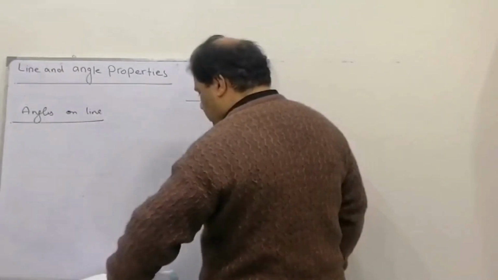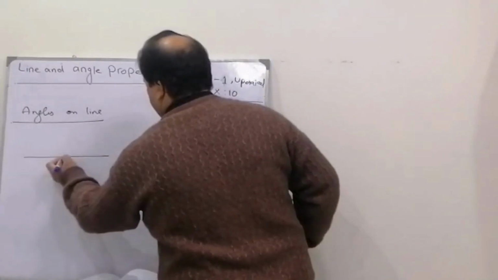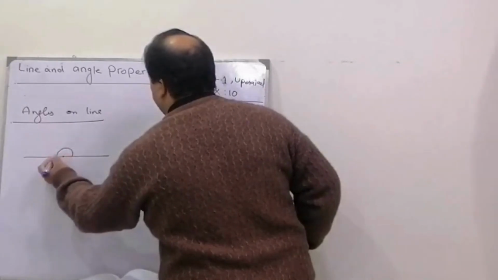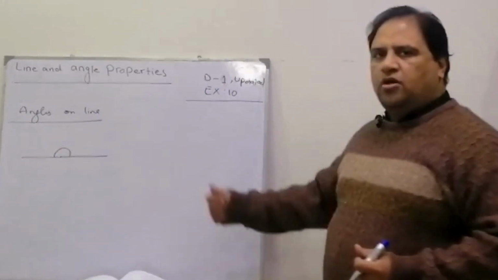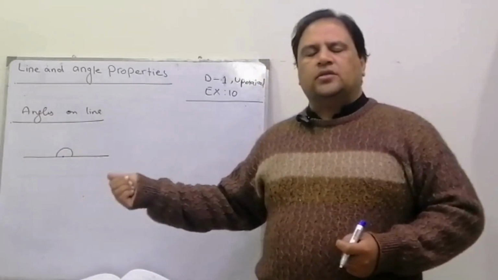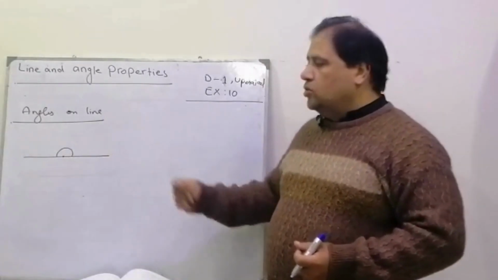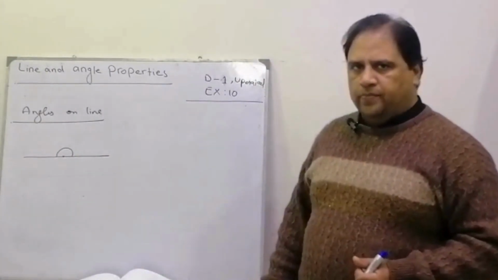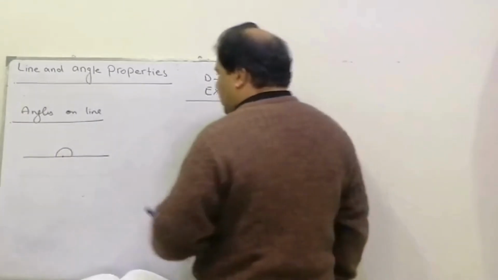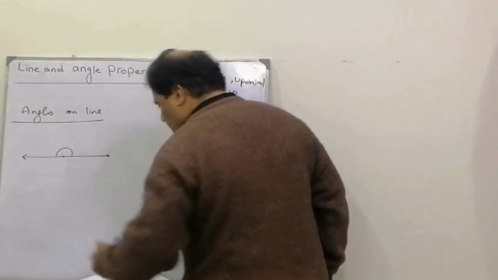Always remember that if we have a line like this, this is the center and the line makes half of a circle. We know that the sum of all the angles in a circle is 360 degrees. So if we are talking about a half circle angle, or a line, it must be 180 degrees.